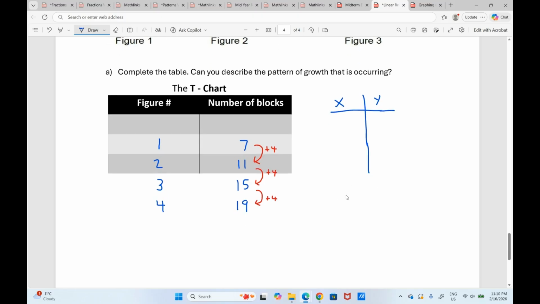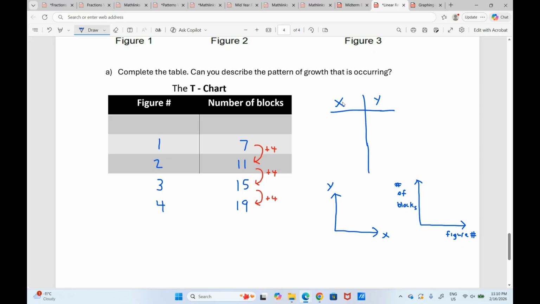So if I were to have a coordinate grid like this, where typically it is X for the horizontal and Y for the vertical, X would be my figure number, and Y would be the number of blocks.